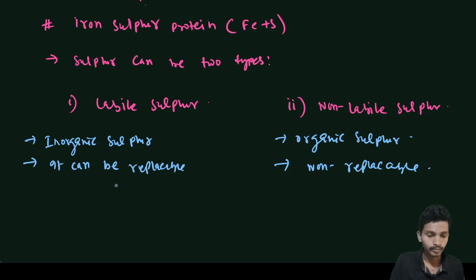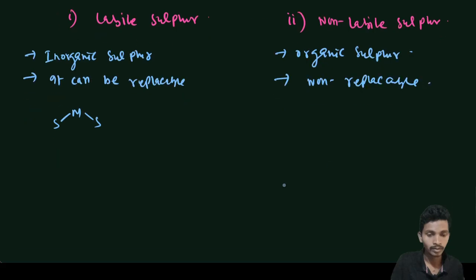Replaceable and non-replaceable means, let's say this is M with sulfurs.